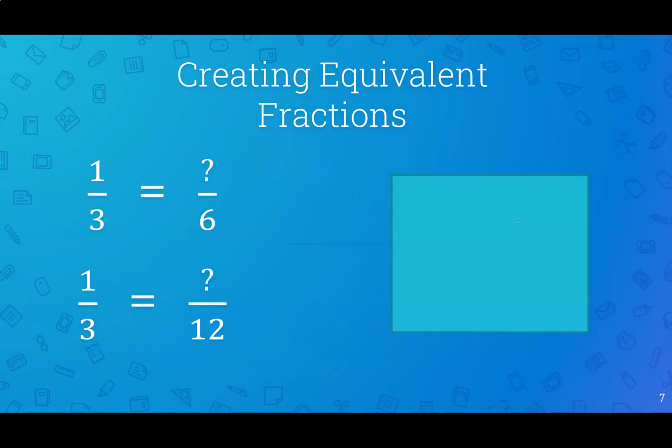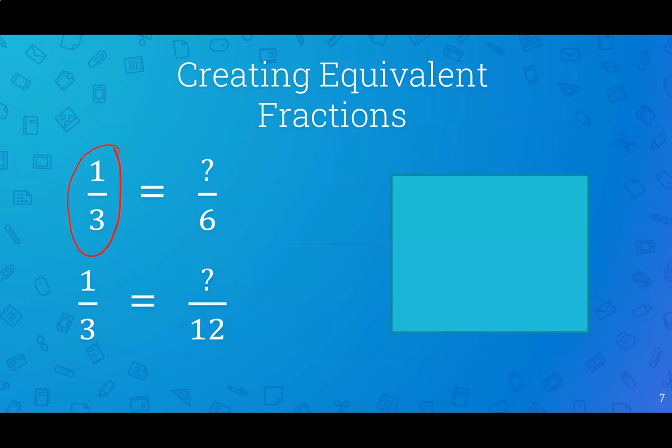This lesson will also require that we remember how to create an equivalent fraction. So before we begin our lesson, let's review. If we are starting with 1/3 and are asked to create an equivalent fraction with a denominator of 6, what should we do?